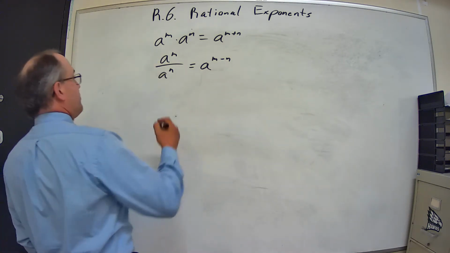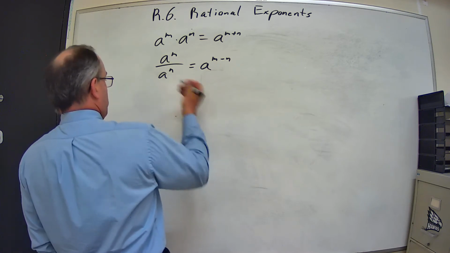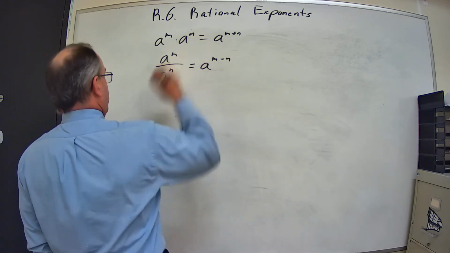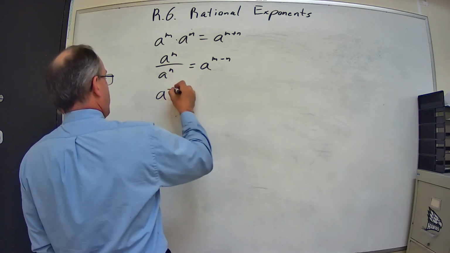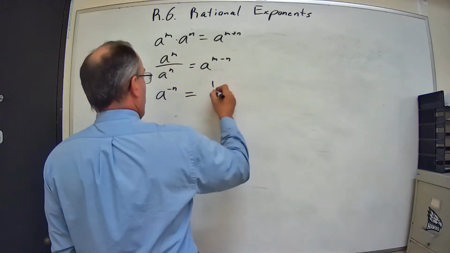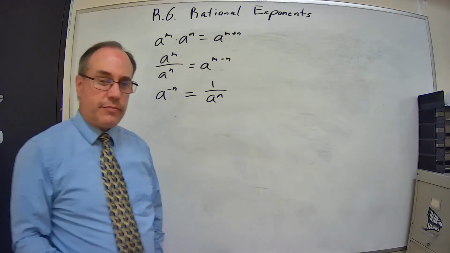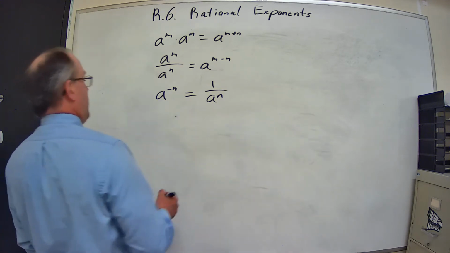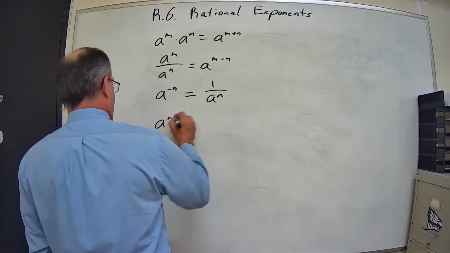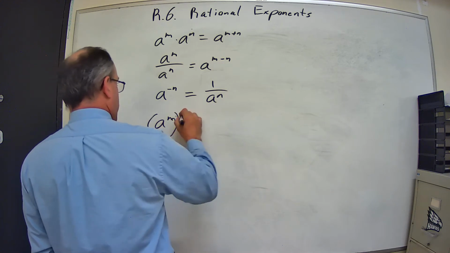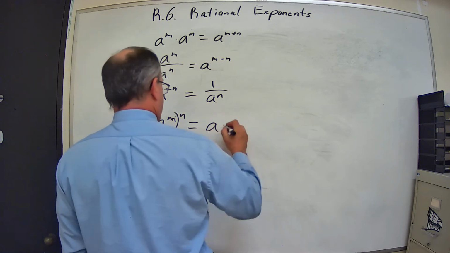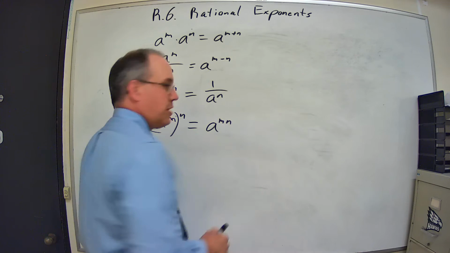We have the negative exponent rule. A to the negative n is equal to 1 over a to the n. We have the power rule. A to the m raised to the n is equal to a to the m times n.